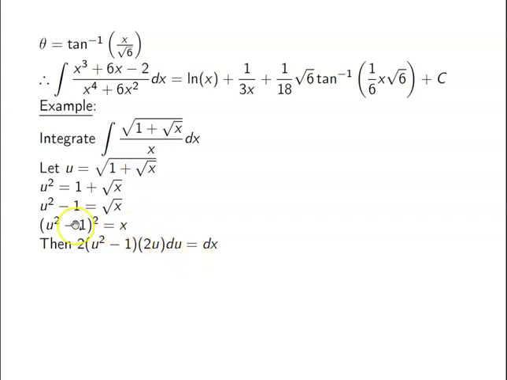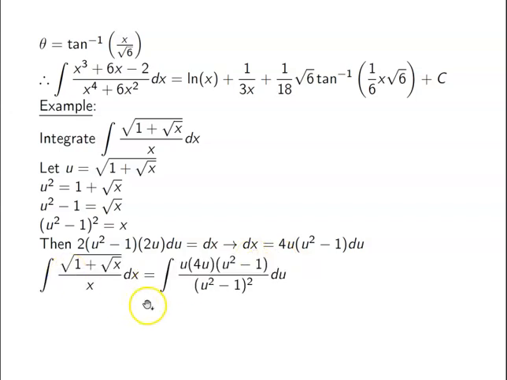So now I have a value for x in terms of u. I could just put u for the entire numerator, and that would be fine, right? So let's go ahead and make our substitution. Okay, so if I'm solving for dx, just simplifying here, right? The 2 and the 2 cancel, that's the u, and then u squared minus 1.